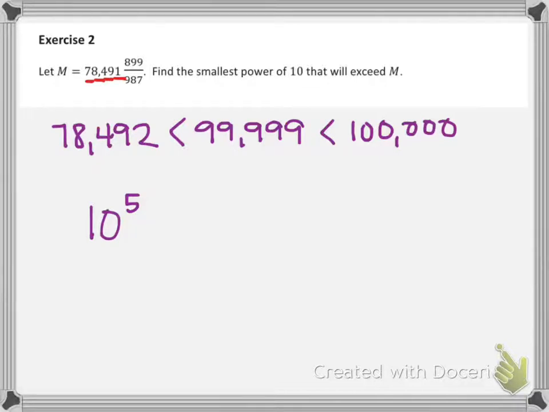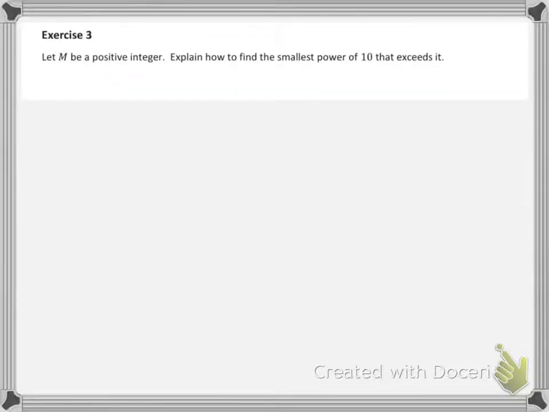There were 5 digits there, and our exponent ended up being 10 to the 5th power. So if we just count the number of digits, that will tell us what our exponent would be to get just barely bigger than the number that they gave us in 10 to some power.